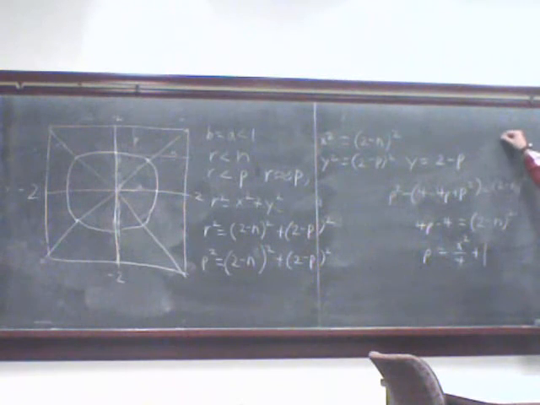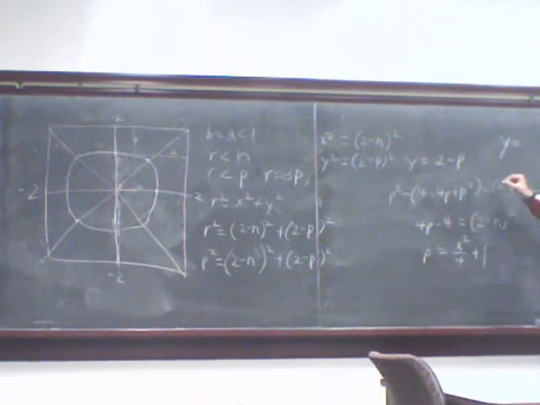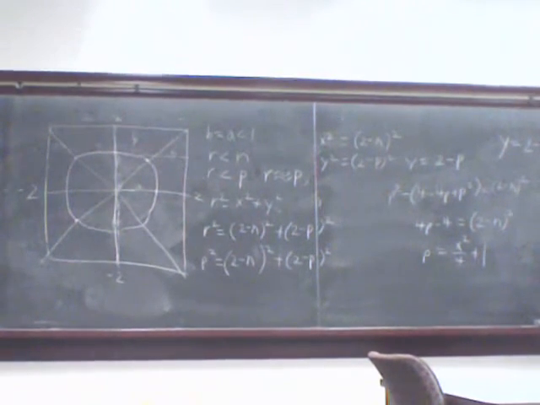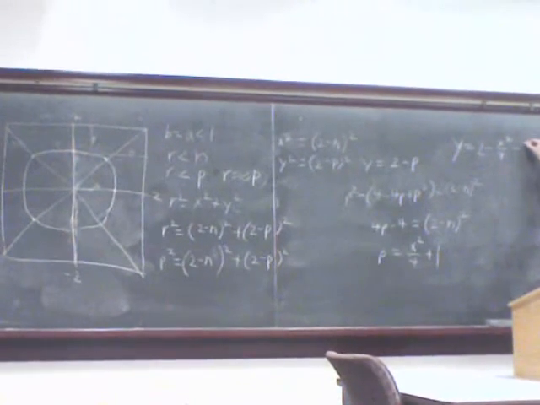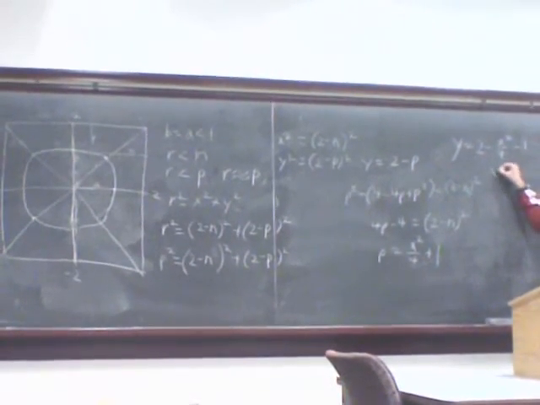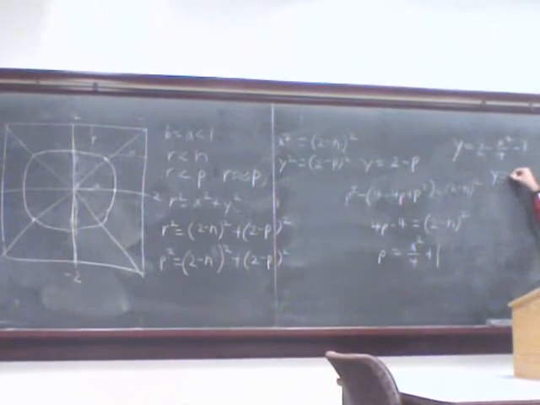So that means that y equals 2 minus x squared over 4 minus 1. So y equals 1 minus x squared over 4.